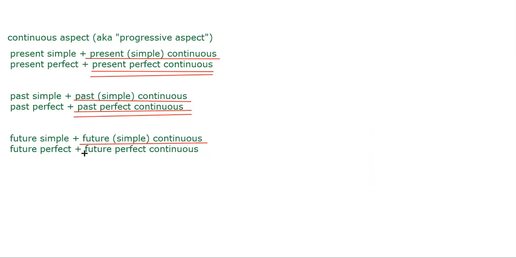So last thing, and then we'll stop the lesson here. So for the future perfect continuous and the future perfect, that one is also this. It's basically the same as the other two examples.